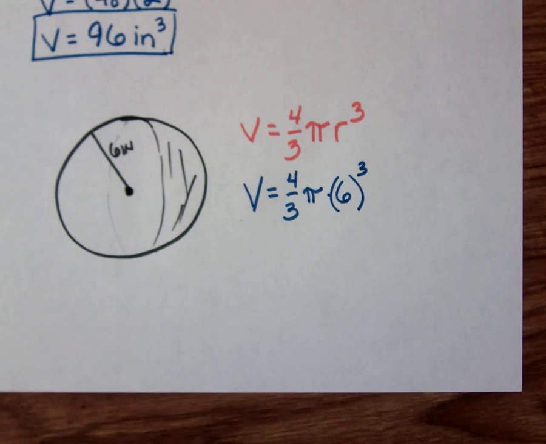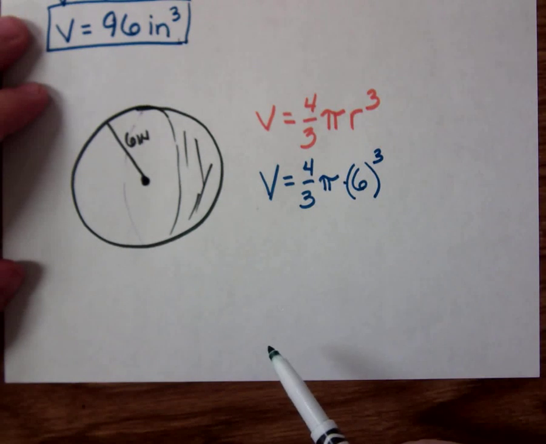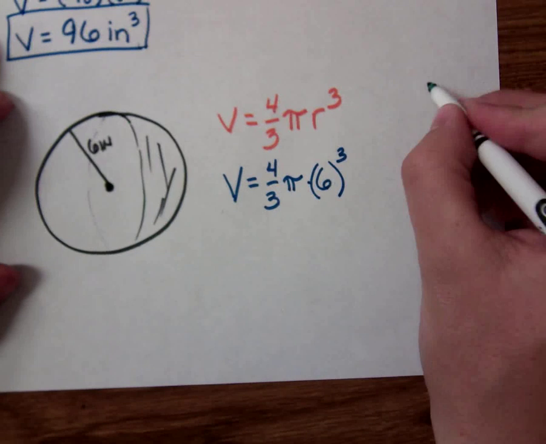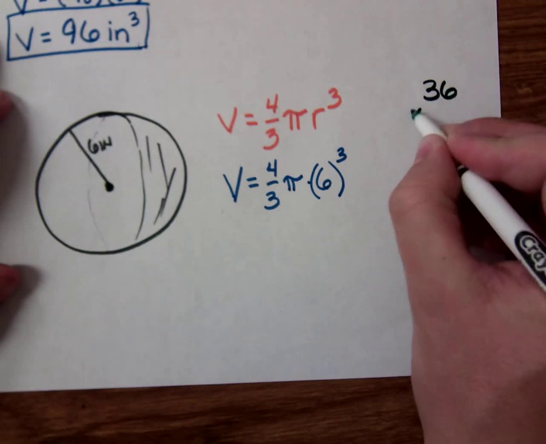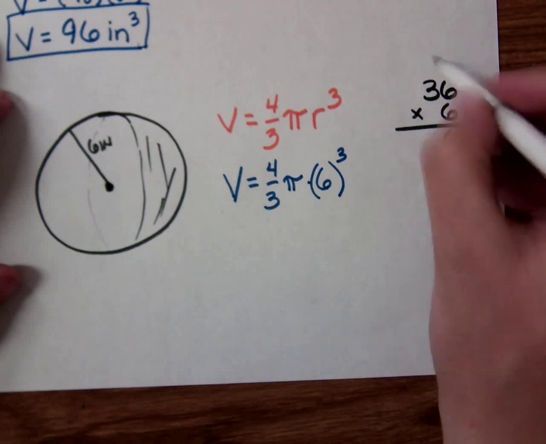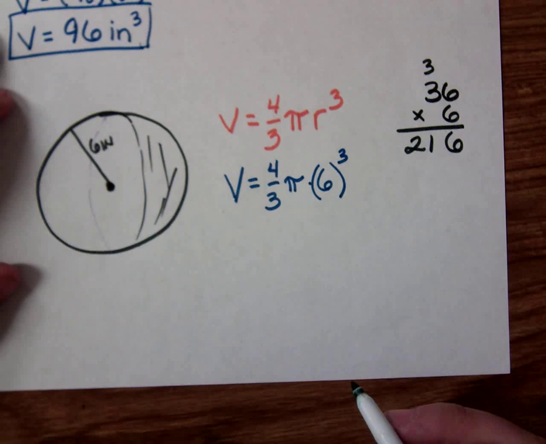I can't think of any off the top of my head, but I'm sure they must exist. So the first thing we got to do is figure out what 6 cubed is. That's 6 times 6 times 6. I know 6 times 6 is 36. So I got to do 36 times 6 to get 6 cubed. So 216 is 6 cubed.